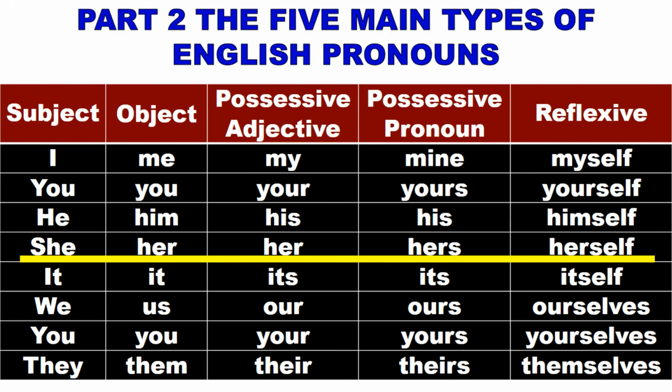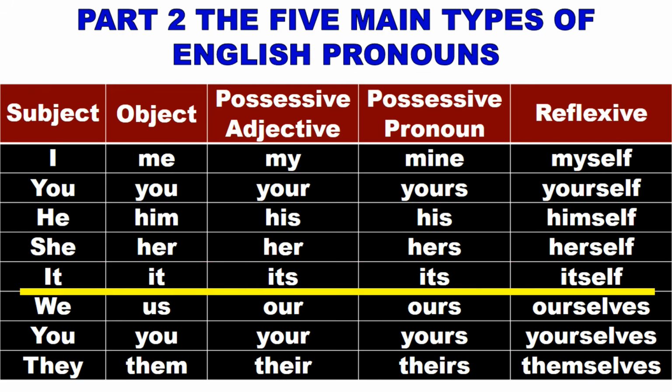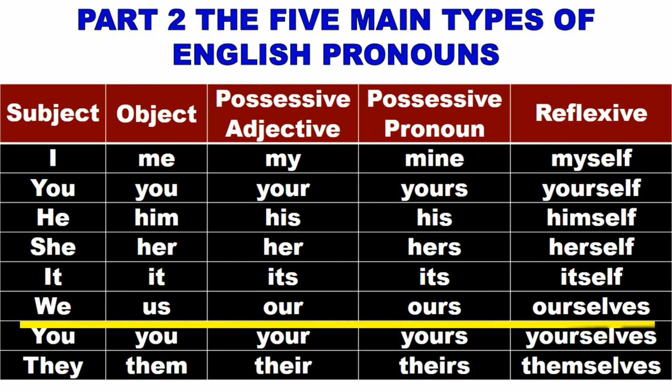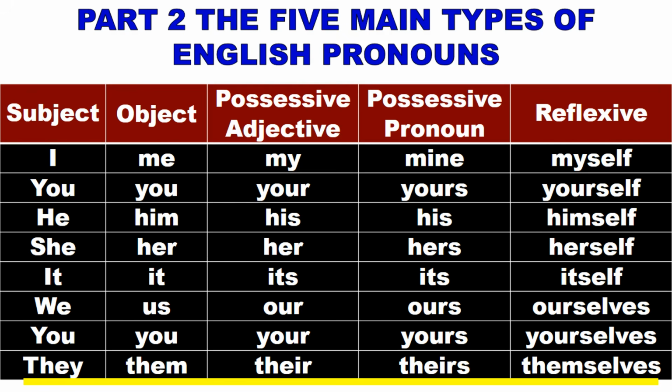She, her, her, hers, herself. It, it, its, its, itself. We, us, our, ours, ourselves. You, you, your, yours, yourselves. They, them, their, theirs, themselves. Now let's study each one carefully.